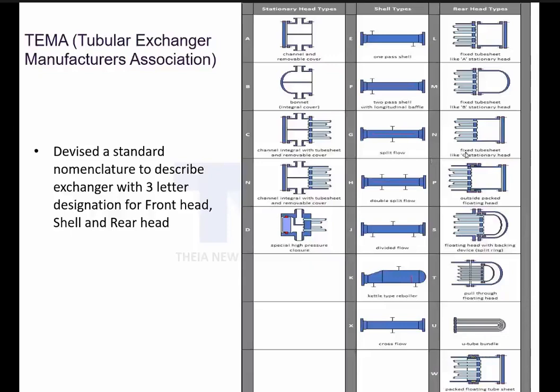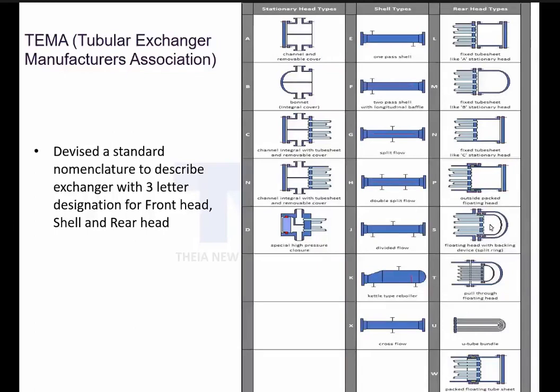W. Then comes P. P is slightly better. Again, we generally don't recommend P. P will be used for oils like lube oils, which are not that toxic or that flammable. We can use P type of exchangers. So P is a little bit costlier than W in the floating head conditions.